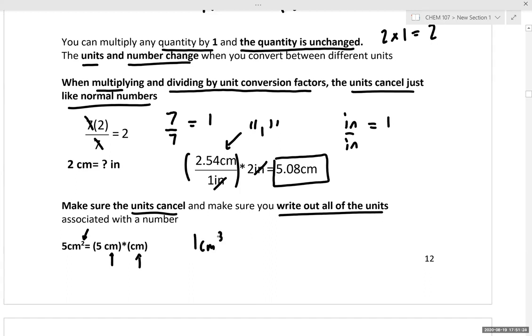Likewise, a centimeter cubed is equal to 1 centimeter times centimeter times centimeter. It's really important that you write out all of your units in order for you to effectively perform a unit conversion. You need to convert all of the units. Any questions on this section?